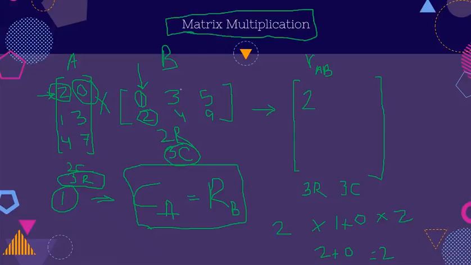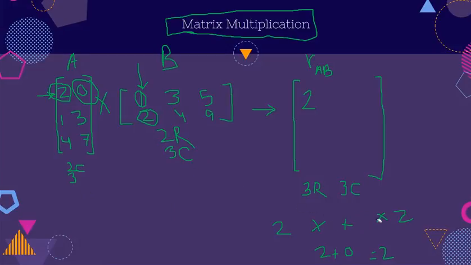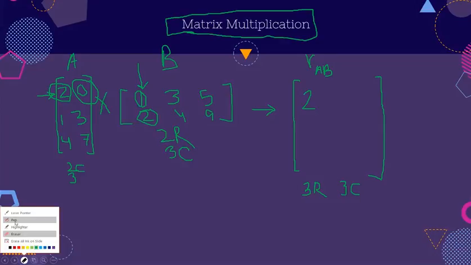Then we do this again for each of the columns present in B. Let me clear some of this clutter so that we can perform the multiplication on the next sets of numbers.